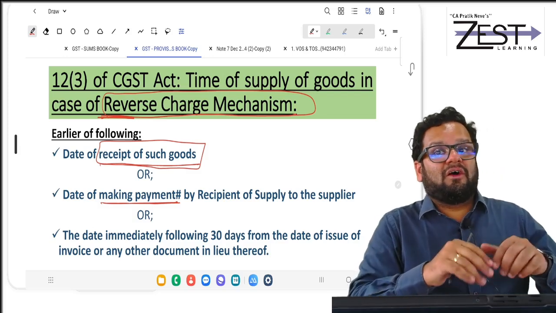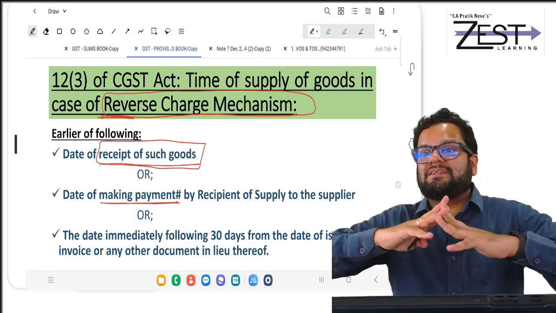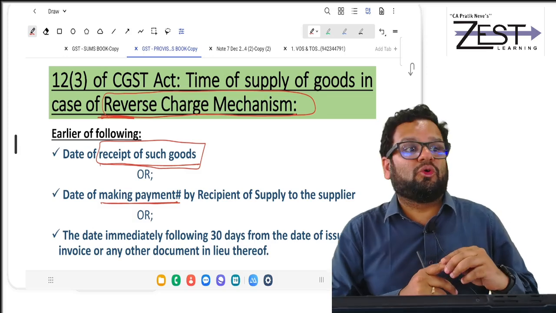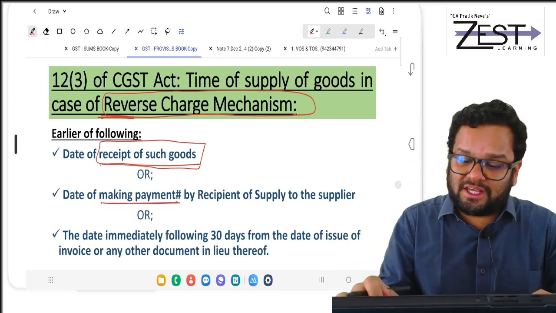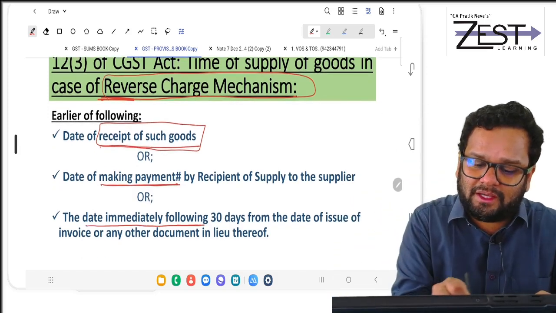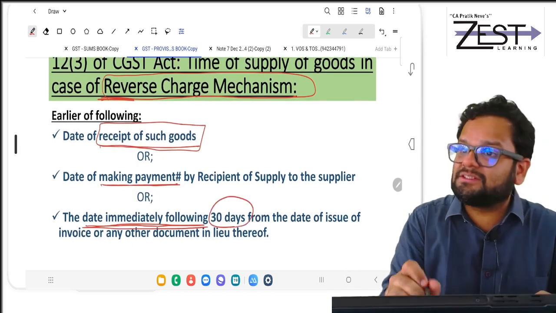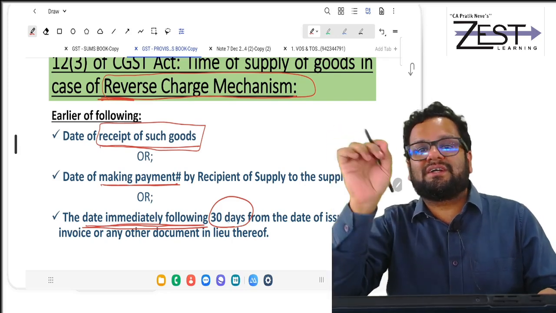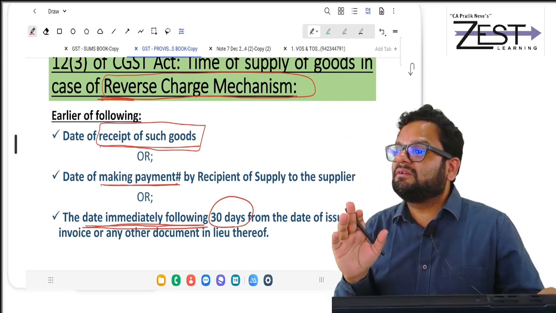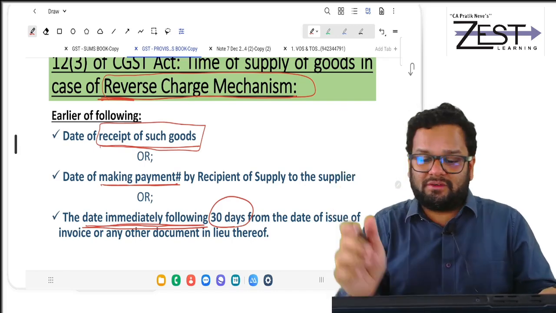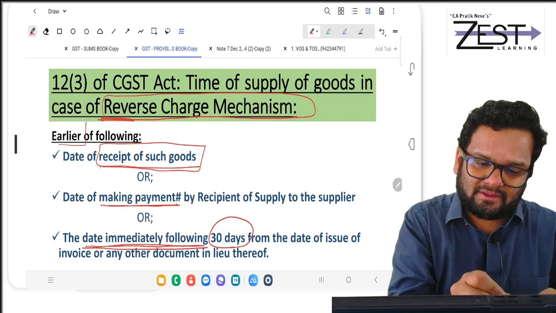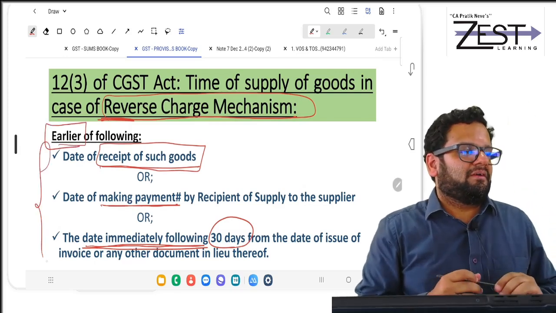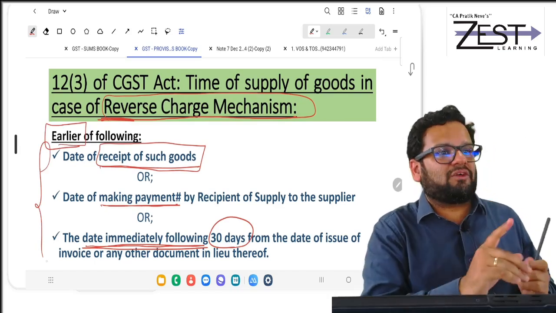Or government will wait till maximum 30 days from date of invoice. So, or 31st day means date immediately following 30 days, whichever is earlier, will be time of supply. So they say check when you make payment.